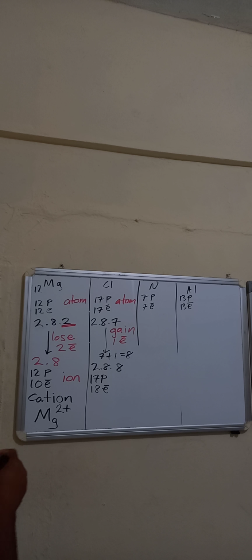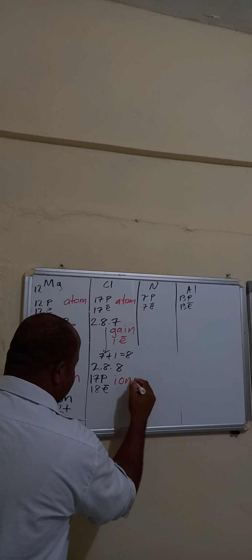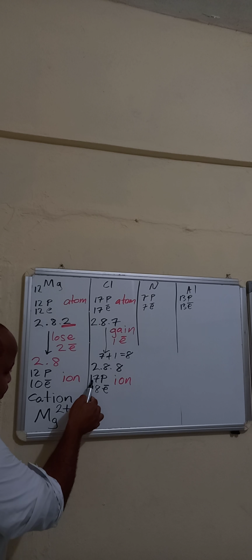Alright, so this is the ion now. Again, you can see that in the ion, the amount of protons and electrons are not equal. If you look at the atom, they are equal. So that's the difference between the atom and the ion. Now if you compare the two of them, which one is greater? 17 protons, 18 electrons.